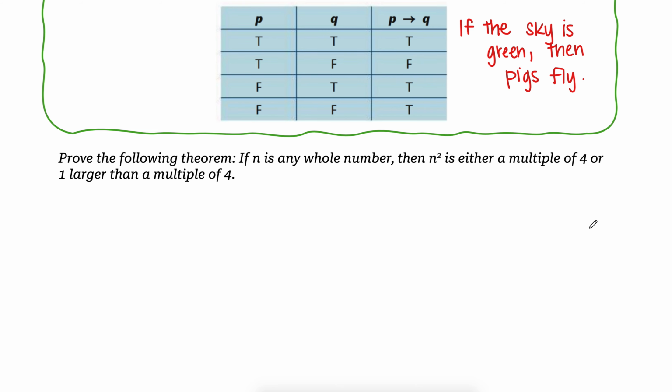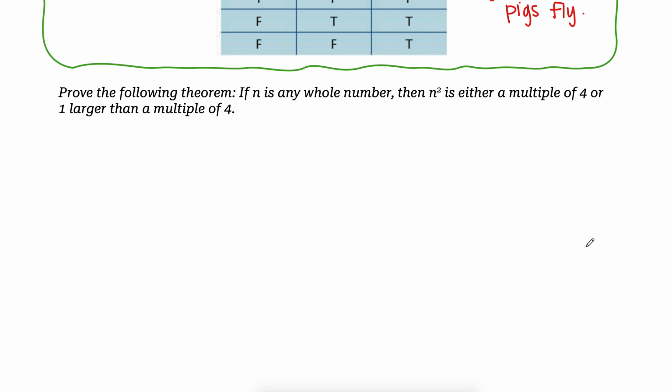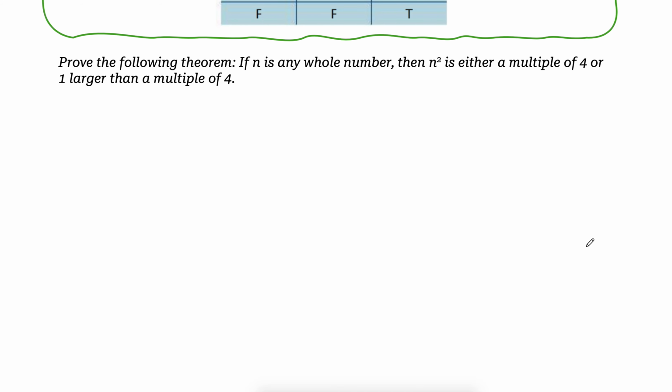So I'm going to walk you through a mathematical proof. If n is any whole number, that means that it's not going to be negative, it's not going to be a fraction. It's a whole number, okay? So 0, 1, 2, 3, 4, and on up, okay?